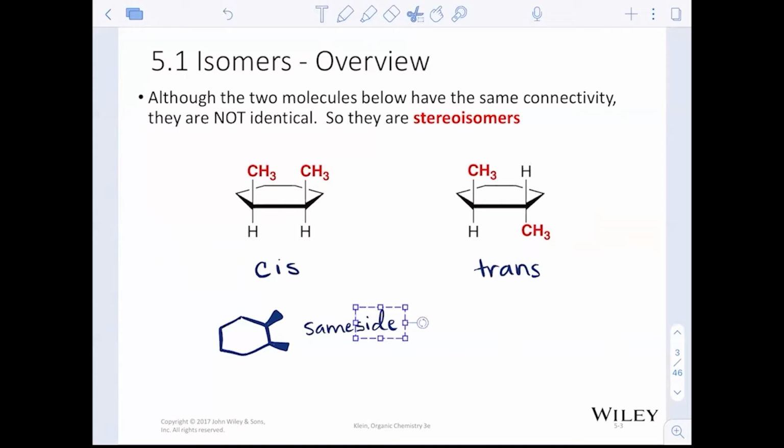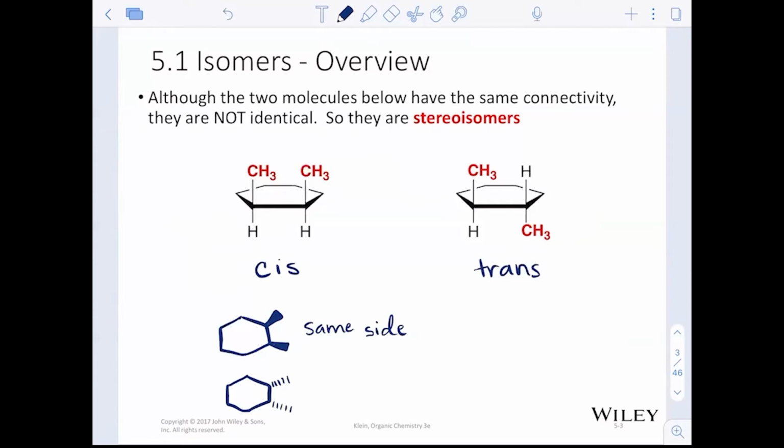So when we look at that, that pair of methyls, both wedged or both dashed, remember this is a meso compound, but whether they're both wedged or both dashed, that is what we called the cis conformation, the cis formula. And we added that to the name, right? This was cis 1,2-dimethyl cyclohexane.